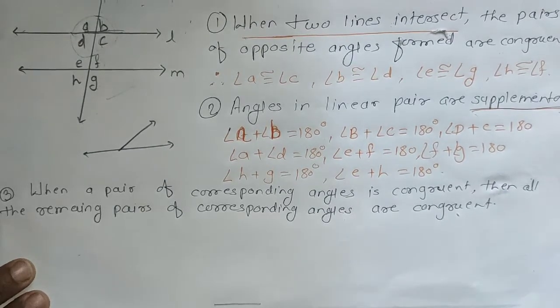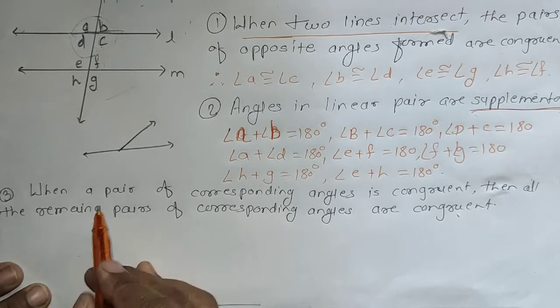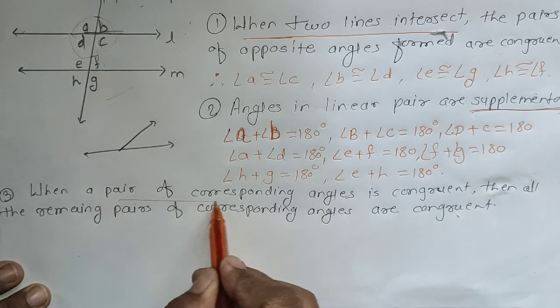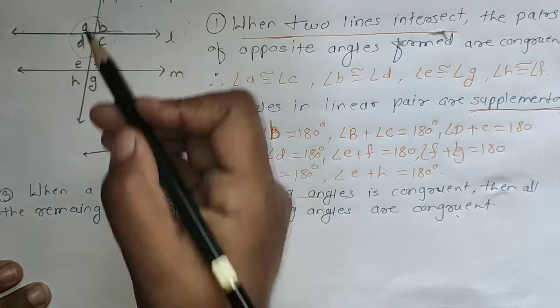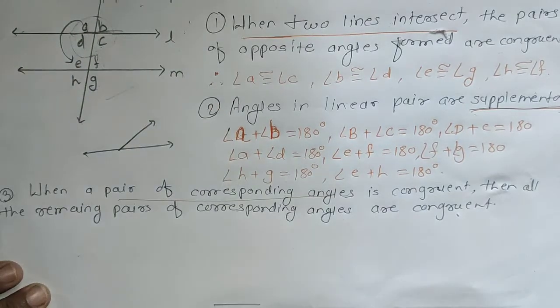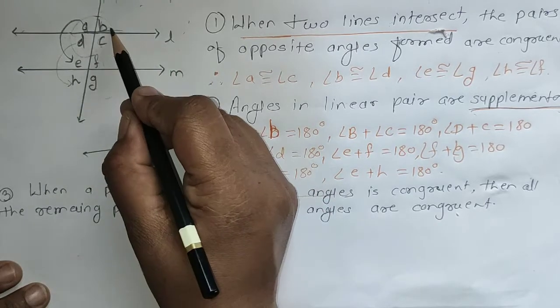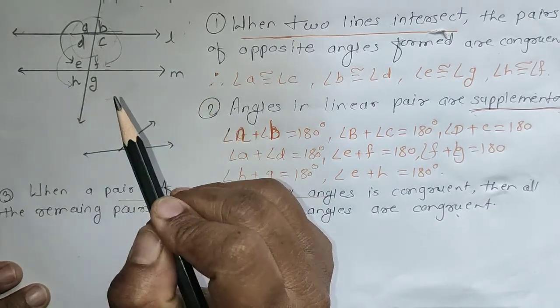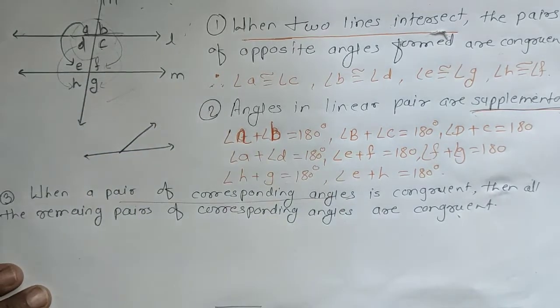Okay, so what is the meaning of this statement? When a pair of corresponding angles, which are the corresponding angles? I told you before, A is the corresponding angle of E, D is the corresponding angle of H, B is the corresponding angle of F, and C is the corresponding angle of G. That we already said.